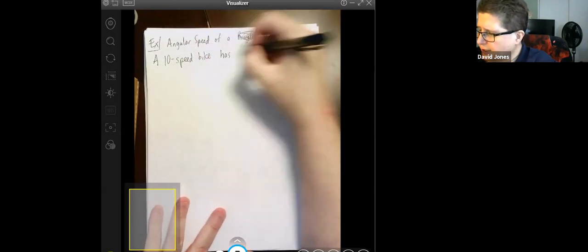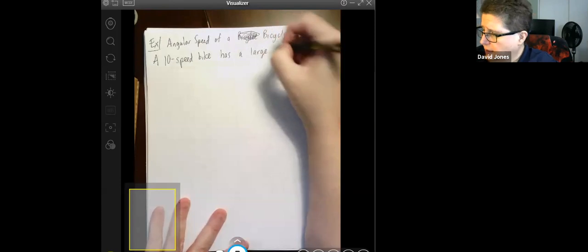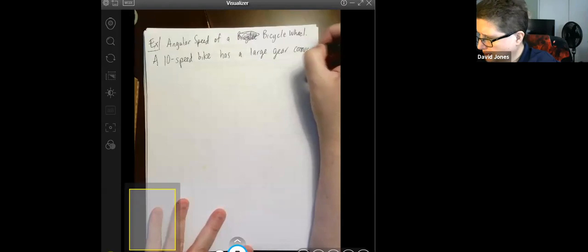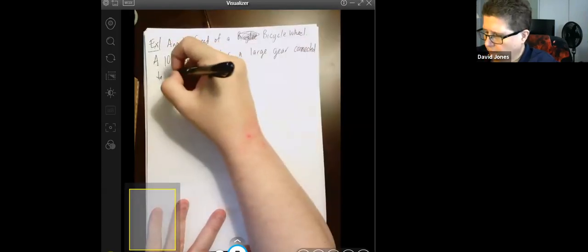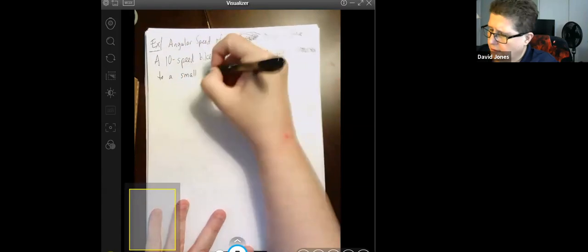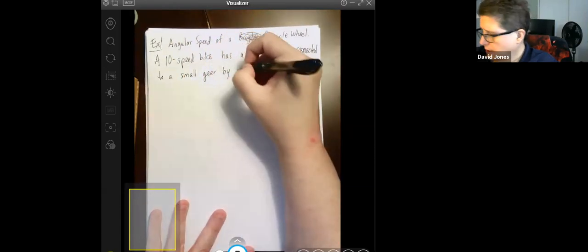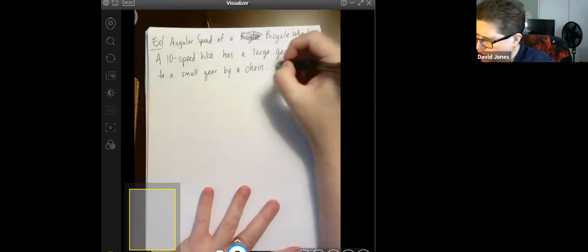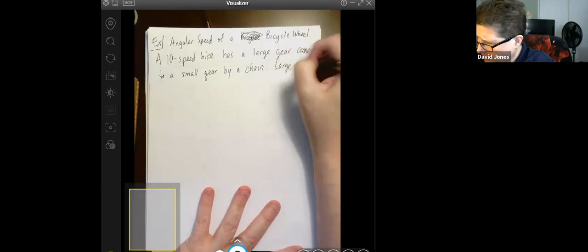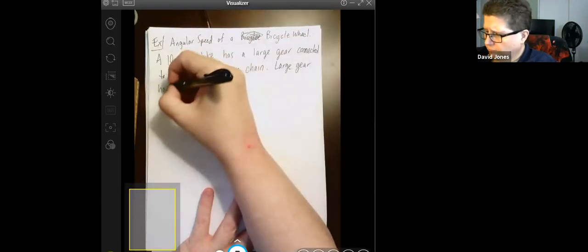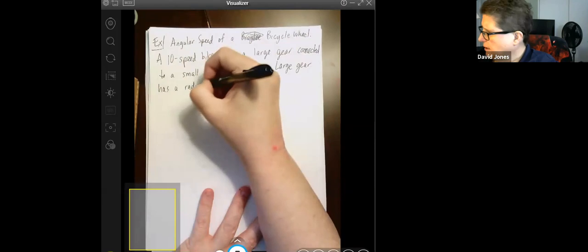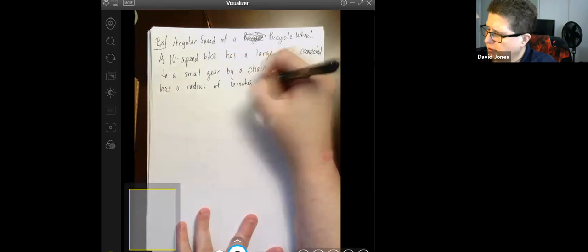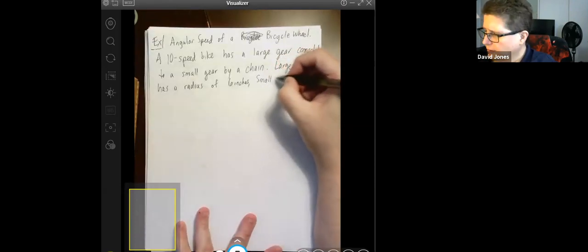It has a large gear connected to a small gear by a chain, and I'll draw a picture in a second. The large gear has a radius of 6 inches. The small gear has a radius of 4.